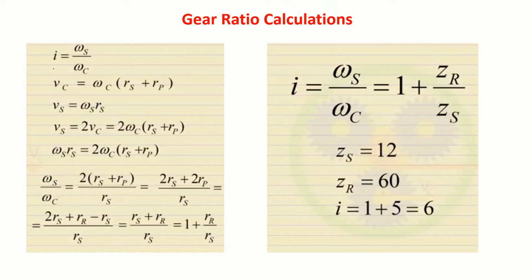Now let us call the speed ratio or gear ratio I. This is the sun gear, this is the carrier. I told you the linear speed must be angular speed times radius. Linear speed of the carrier is equal to omega c times Rs plus Rp. Correct?